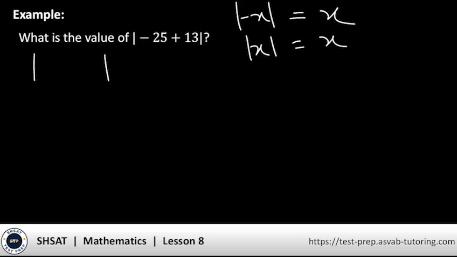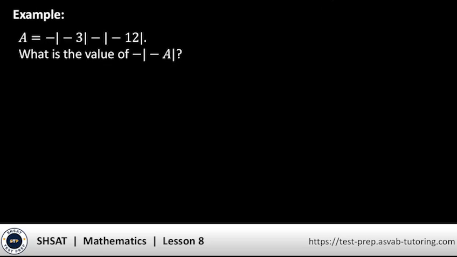Negative and positive means negative. The 25 is bigger, so it has a negative sign in the front, so we are going to put the negative sign. 25 minus 13 is 12. So negative 12 being inside an absolute value is just going to be positive 12, okay? That's your final answer.